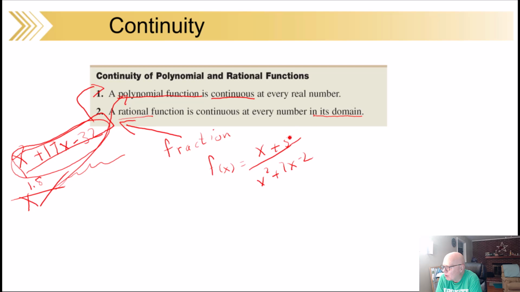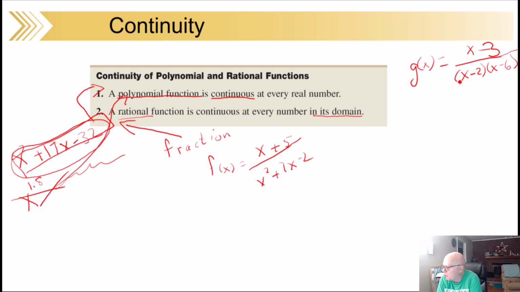An example over here. Let's say we have a function called g of x, and let's just say this is x minus 3 over, and I'm going to factor this out to make this easy, x minus 2 and x minus 6. Now, the top is obviously a polynomial function.